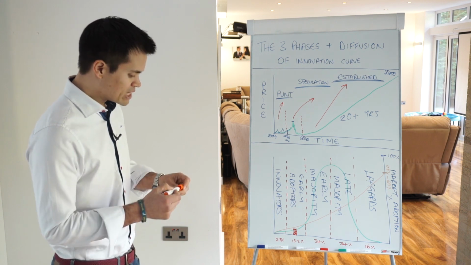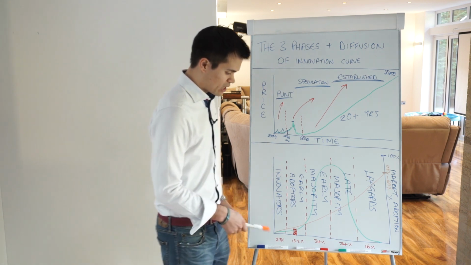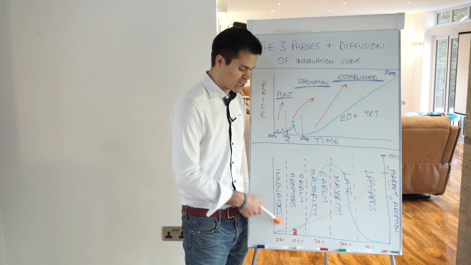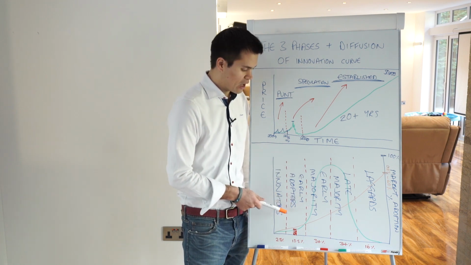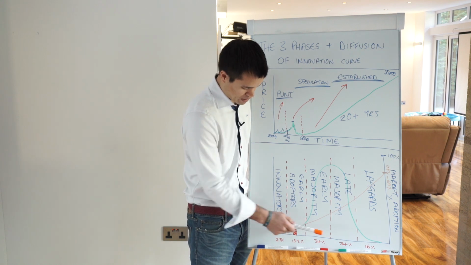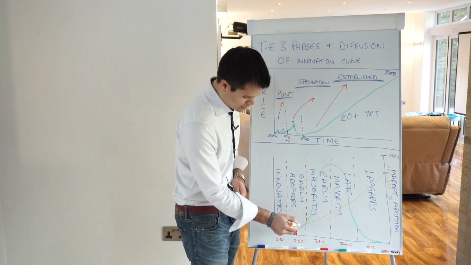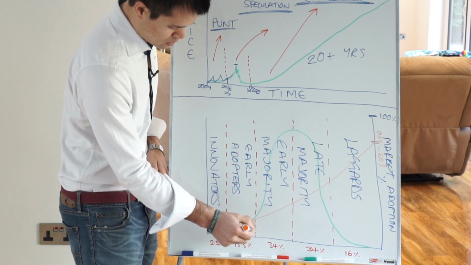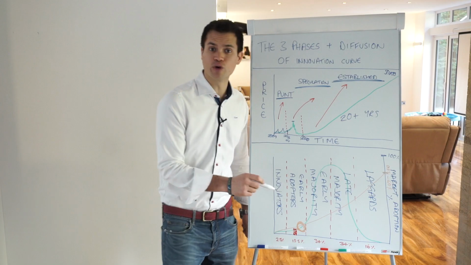So in terms of cryptos, innovators, early adopters, we are here. In fact, we're somewhere still probably around this area here in terms of cryptos, but the early majority are not here yet.